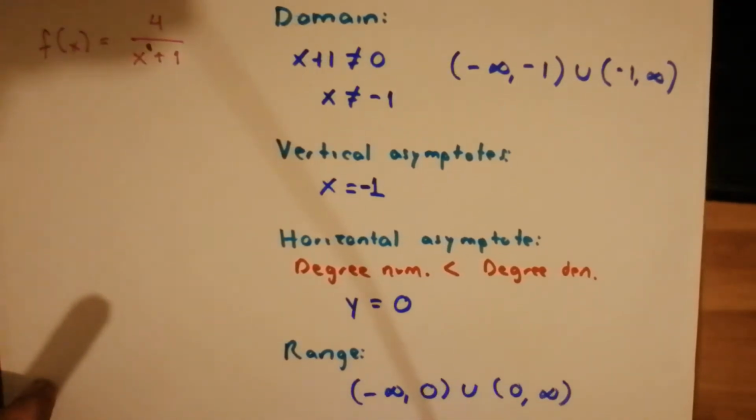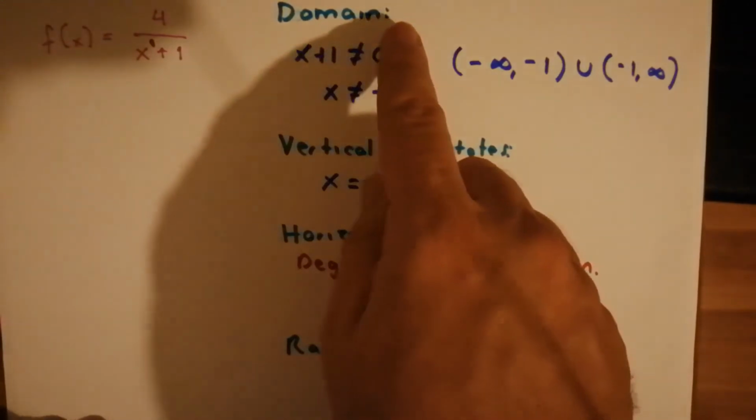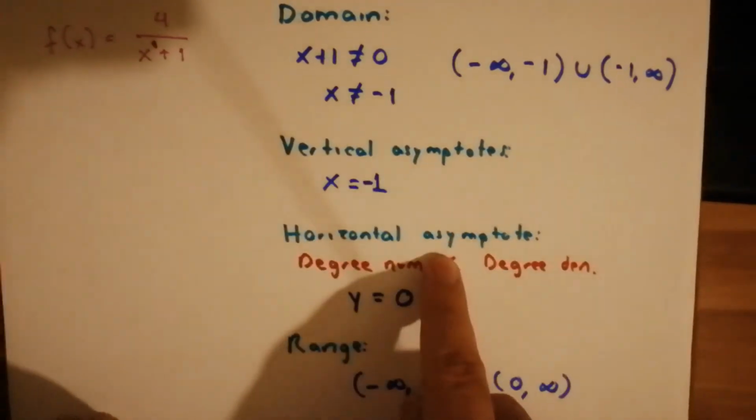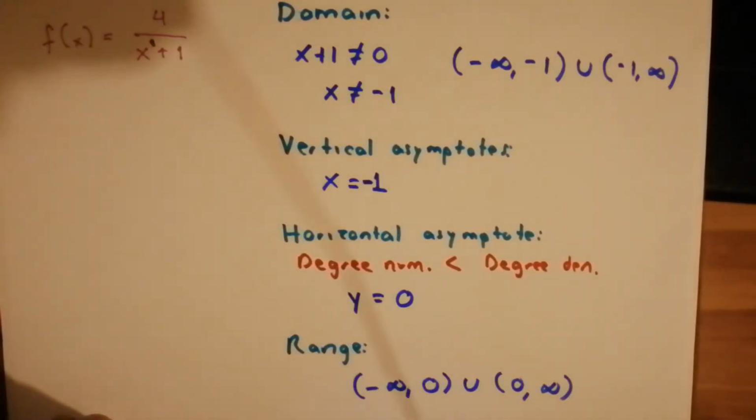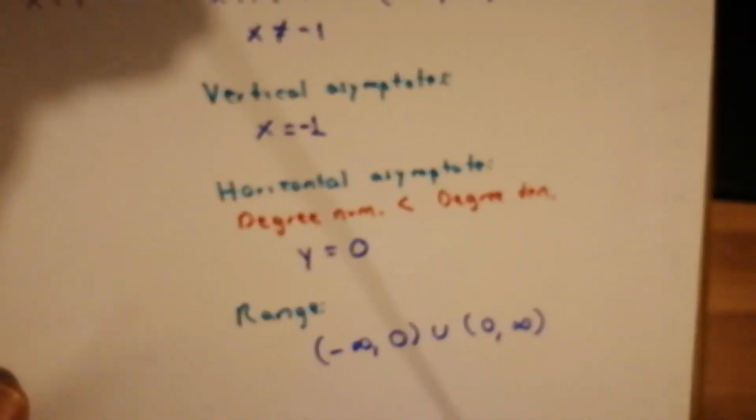So we have found the 4 things: domain, vertical asymptote, horizontal asymptote, and the range. Now let's go with the second example.